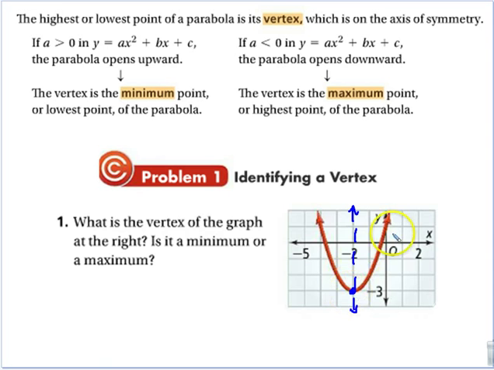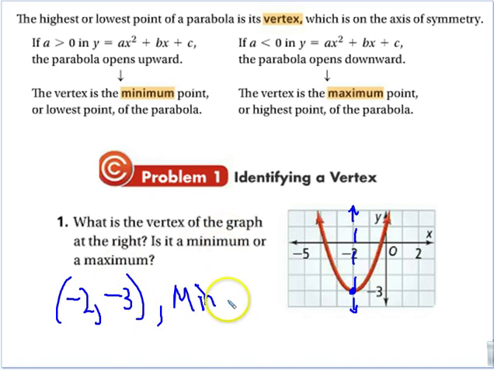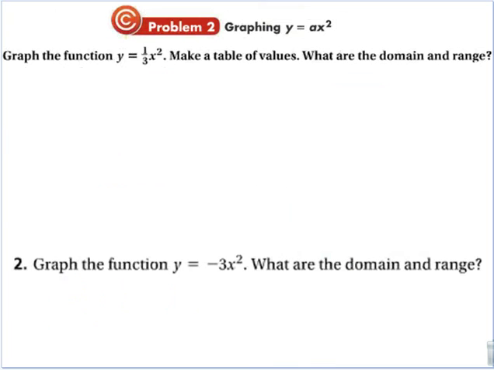The vertex here is -2, -3. So I'm just finding the location of that point, and it is a minimum. That's the type of vertex that it is. Pretty straightforward, not too complicated there.